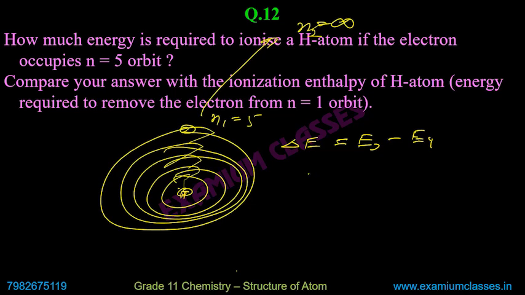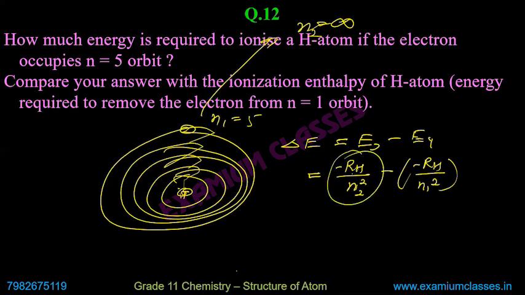So substitute those values. E2 will be minus RH upon 2 square. It will be minus RH upon N1 square, because it is hydrogen atom. You won't consider atomic number. Now this one will be 0 anyway, because N2 is infinity.